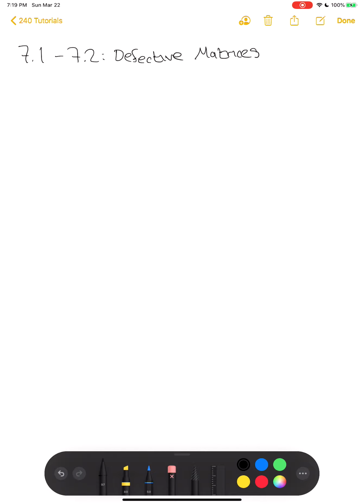And so we're going to do a couple examples, and to start off, I just want to define a couple terms that are important to know. The first of these is something called algebraic multiplicity. This is sometimes just called multiplicity.